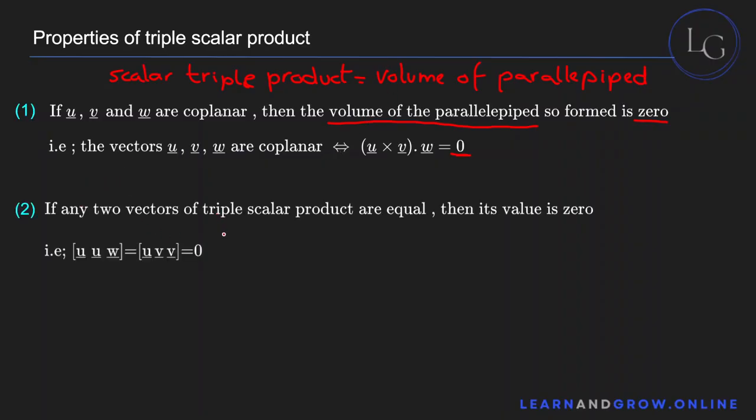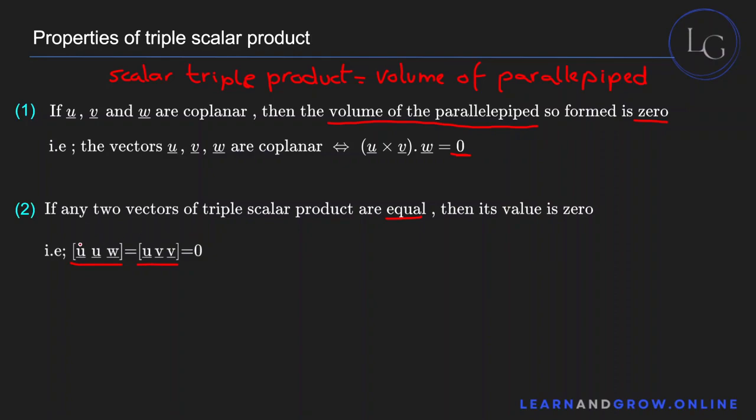So if any two vectors of a scalar triple product are equal, then its value is equal to 0. And that is proven basically by solving the matrix in which two of the three vectors are equal.